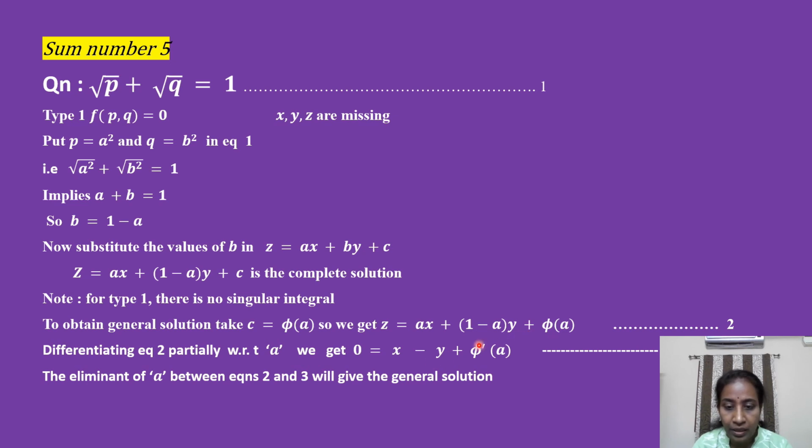So there is no term here. The next term is minus ay. So minus ay when I partially differentiate with respect to a, I will get minus y. And phi of a when I differentiate partially with respect to a, it becomes phi dash of a. I name this equation as 3. Now eliminating a from the equations 2 and 3, I get a solution which is called a general solution.